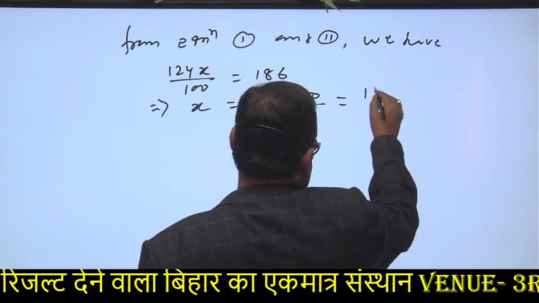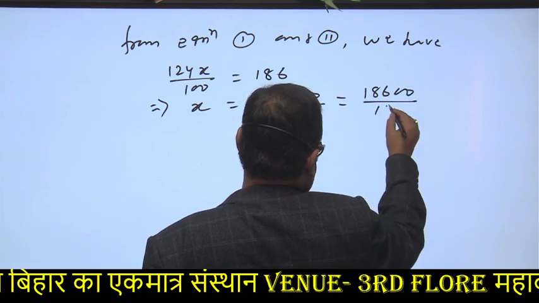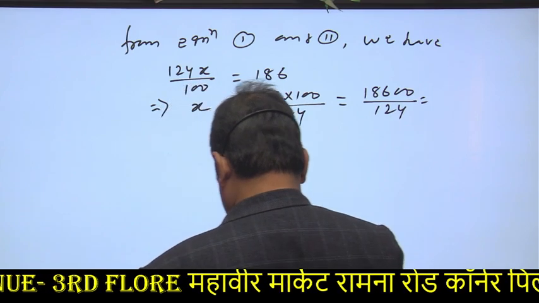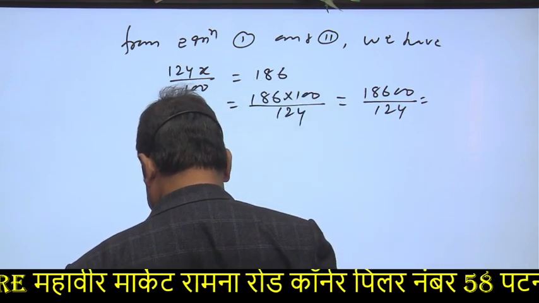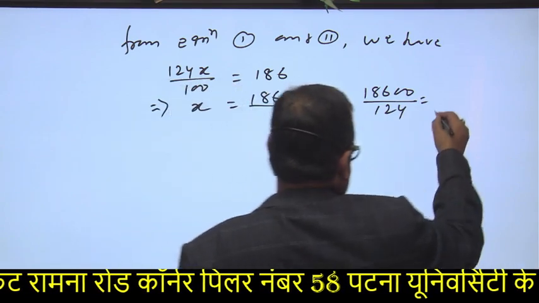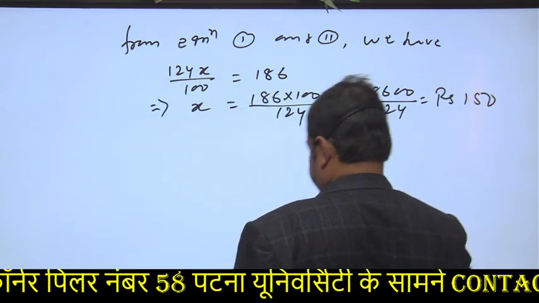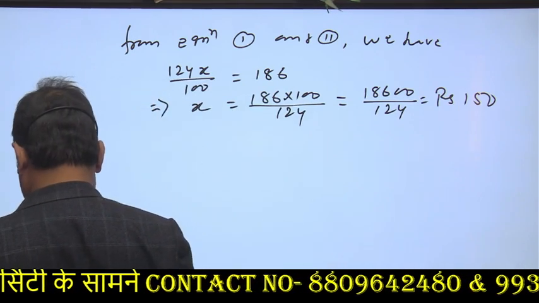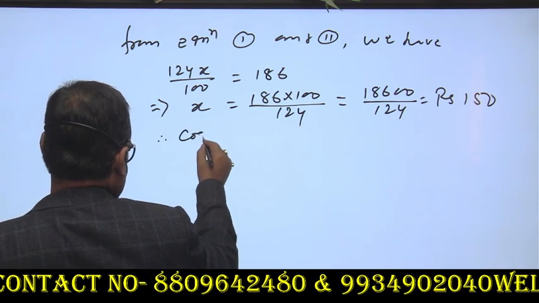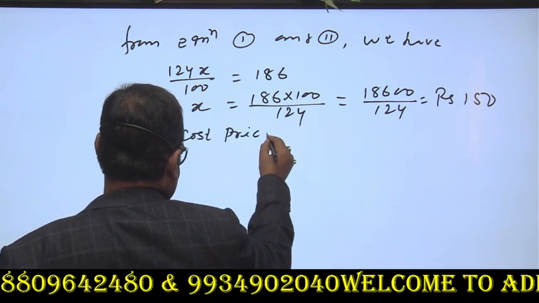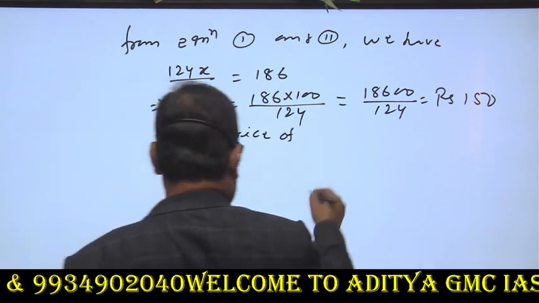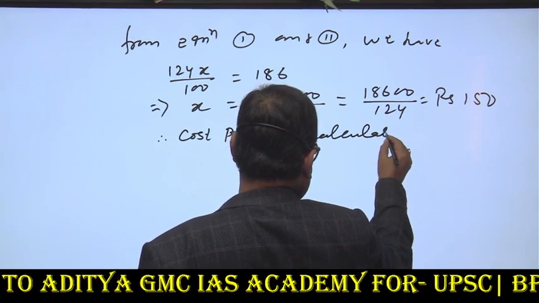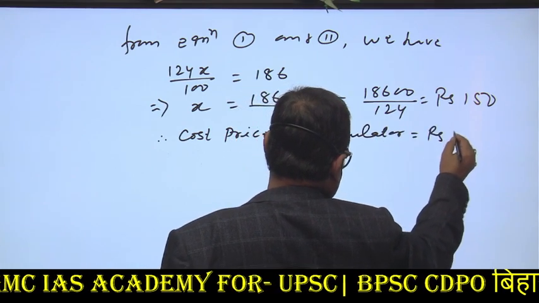So 18600 divided by 124 equals Rs 150. Cost price of calculator is Rs 150.